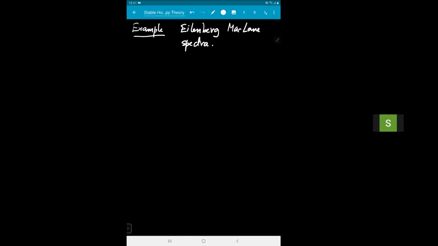I did not talk about Eilenberg-MacLane spaces last time, but there are these spaces K(A,n), where A is an abelian group. K(A,n) satisfies π_r of K(A,n) is 0 if r is not equal to n, and it is A if r is equal to n.